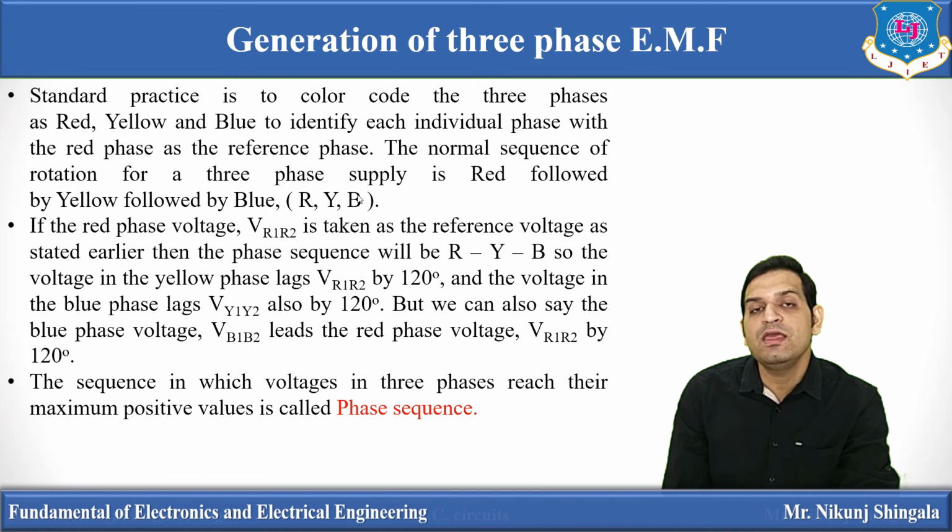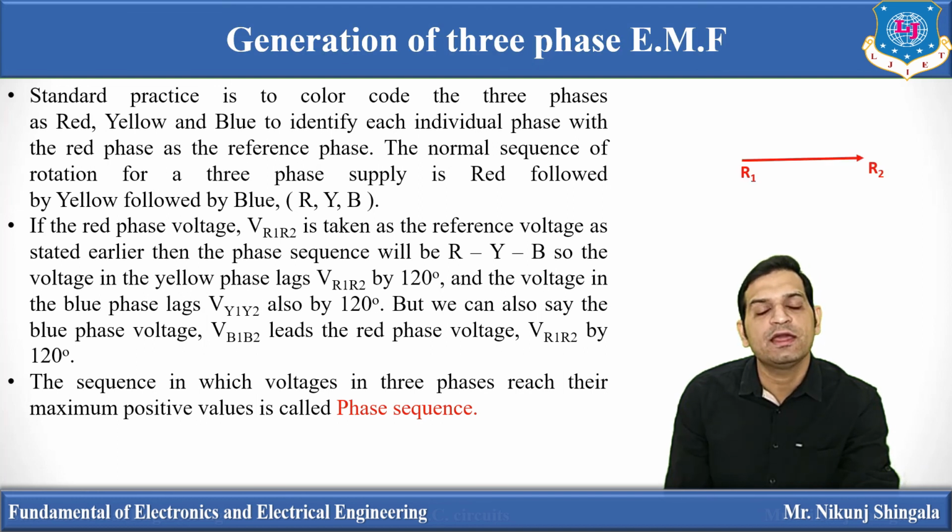Here we have already seen that the R phase attains its maximum value first, then Y, then B. So the phase sequence is RYB. In India, generally the RYB phase sequence is preferred.